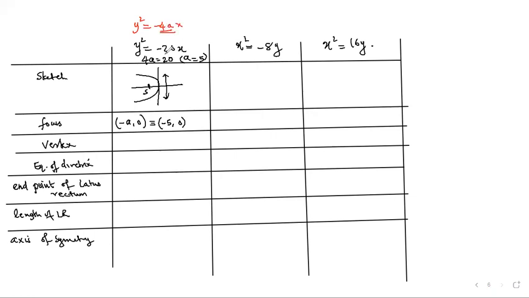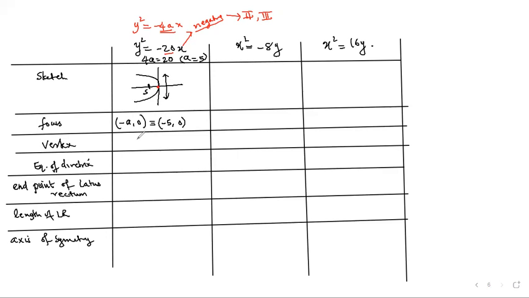So 4a became 20. So a became 5. And because x should be negative, it will lie in second and third quadrant. So your diagram will lie in second and third quadrant. So the focus will be negative. So minus a comma 0.